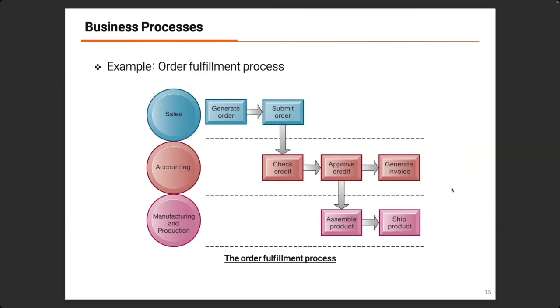At this point, most companies work with other firms, logistics firms, for the shipment of the products. And the accounting department generates a bill or invoice for the order.